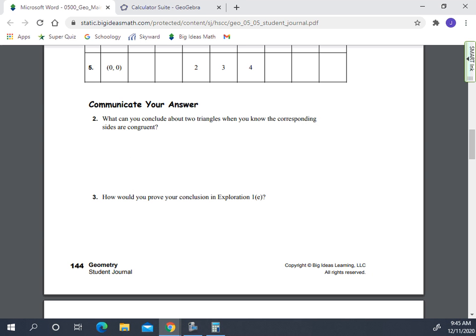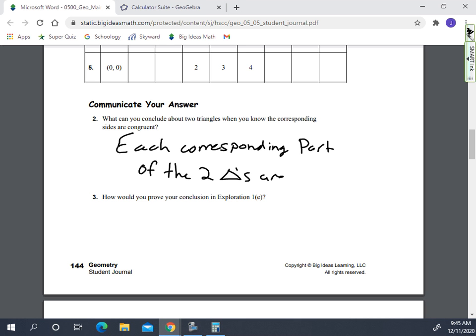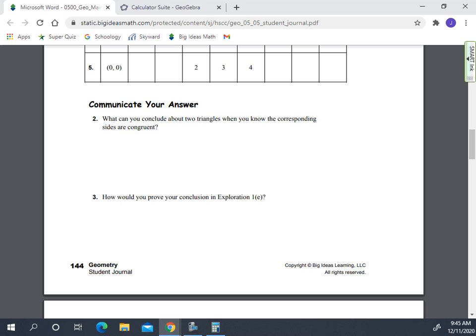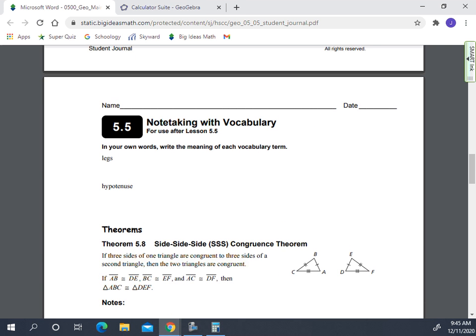So if we have three sides congruent to three sides of another triangle, then we know that each corresponding part of those two triangles are congruent. Number three, we kind of just proved it. We're not going to talk about any more of that on number three. We're going to instead go down to these definitions.